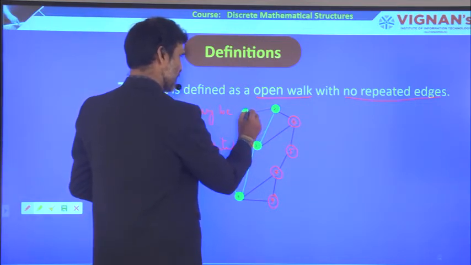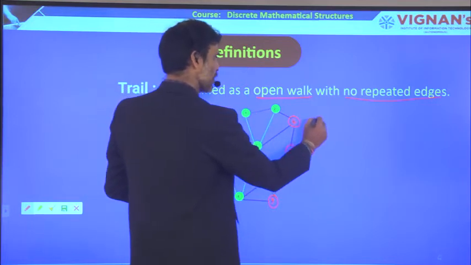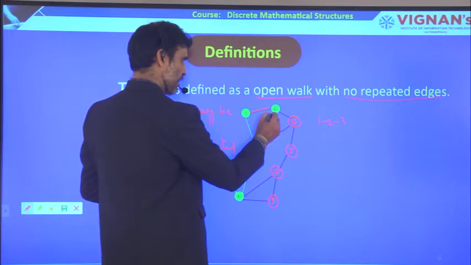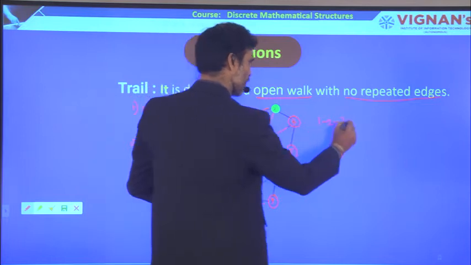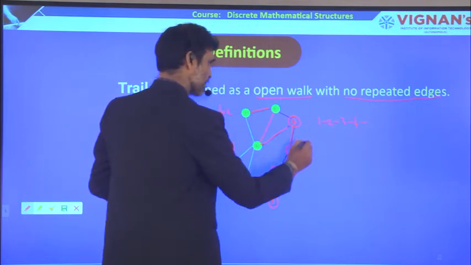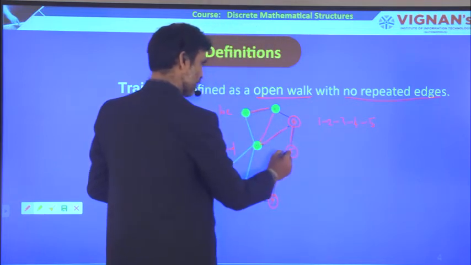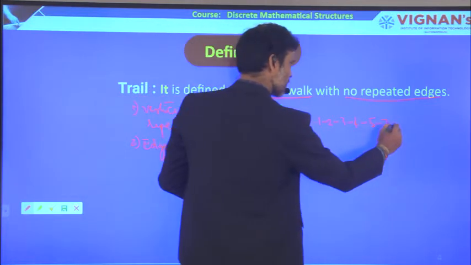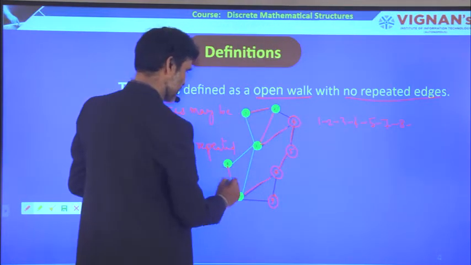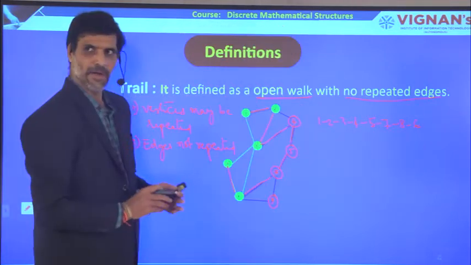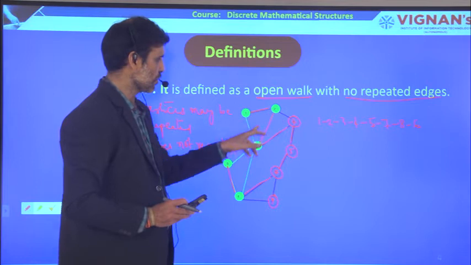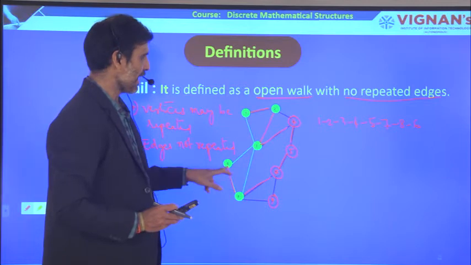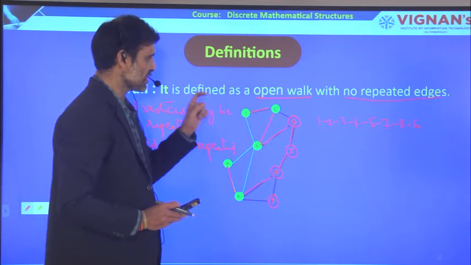See, if you take the walk like this: 1 to 2, 2 to 3, 3 to 4, 4 to 5, 5 to 7, 7 to 8, and 8 to 6. You will take it like this. So these are the vertices which I have traversed.